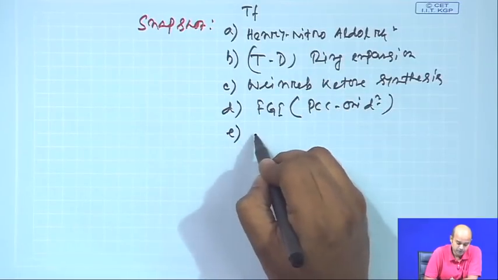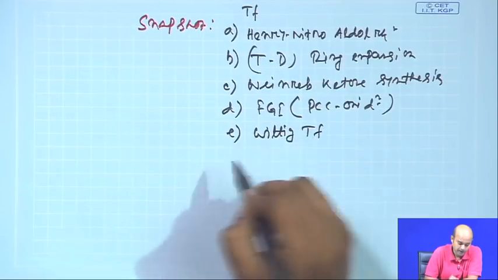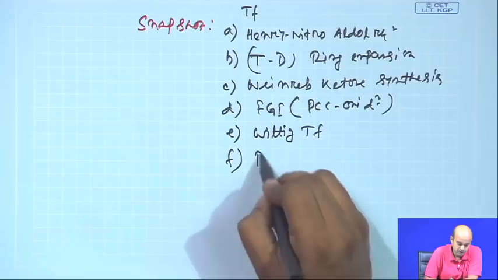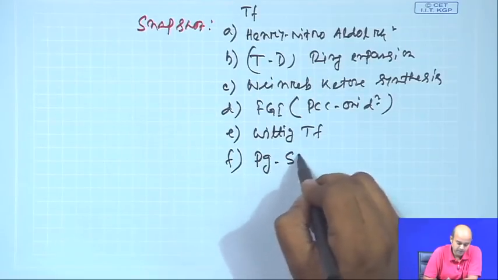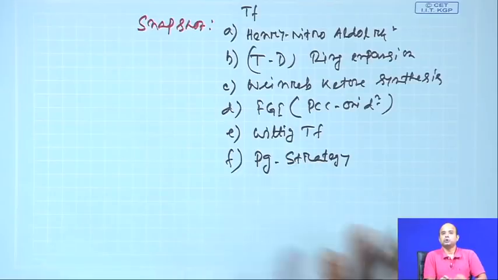We also used the Wittig reaction, which was very important, and then protecting group strategies, PG strategy, meaning we used a protecting group to protect one of the carbonyl compounds which is not required or not touched during the synthetic exercise.